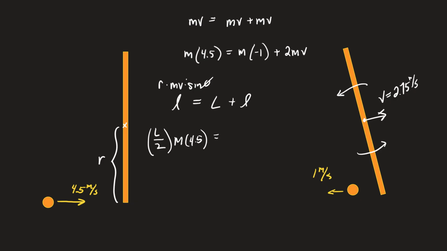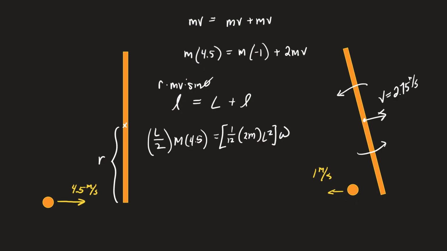Your bar, on the other hand, 1/12 ml squared still, but because I'm doing everything in terms of L, you'll forgive me if I just put 2m here, L squared, times its speed. That's still just I omega.